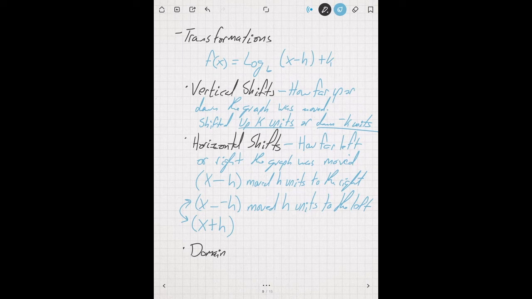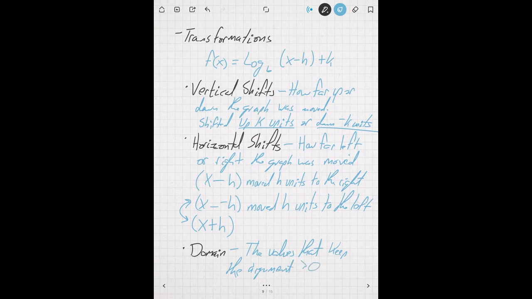You've slid over kind of where it started. So we're going to say the domain should be determined by the values that keep the argument greater than 0.